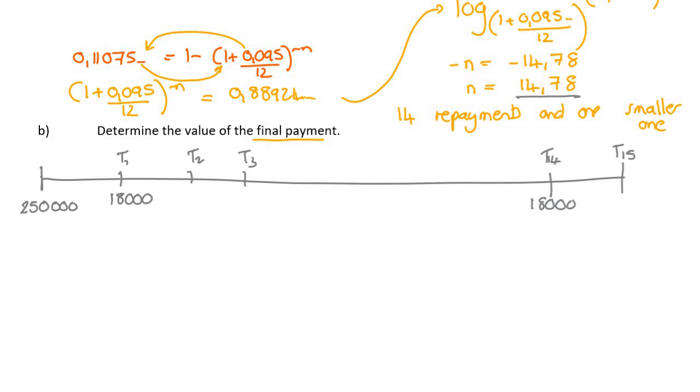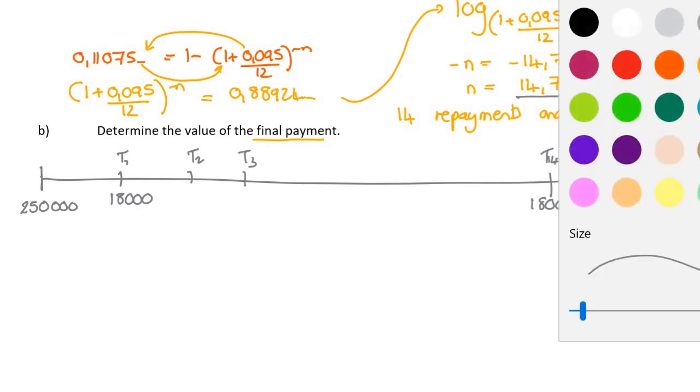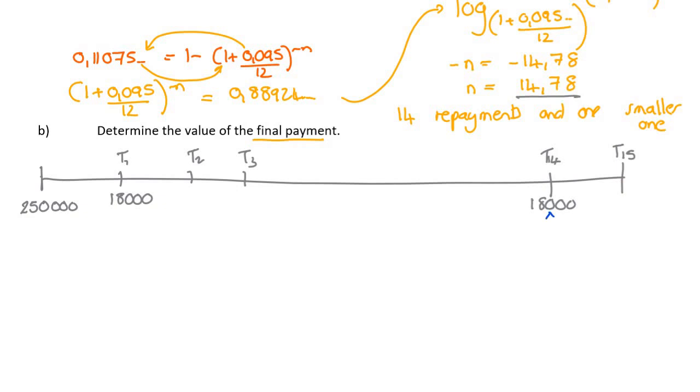So how does the final payment work? Well, the idea is, can I figure out my balance of my loan on the last day that I make a full payment? Because if I can figure out how much I owe then, I can figure out what I would owe 1 month later, because that would be my final payment.